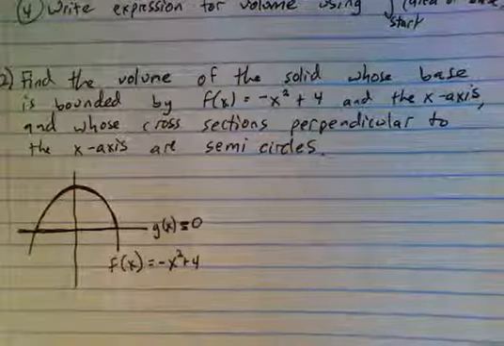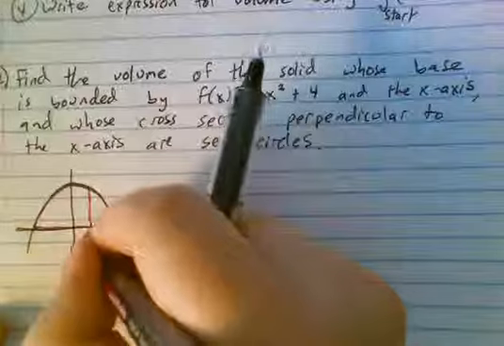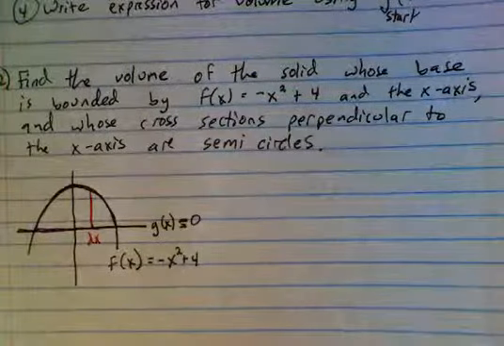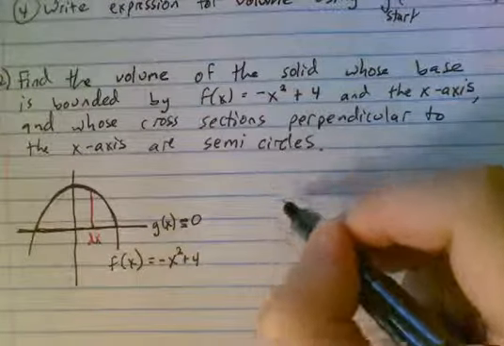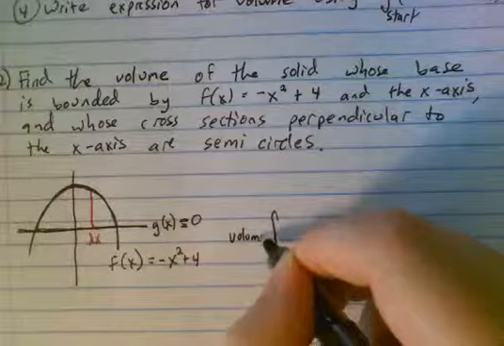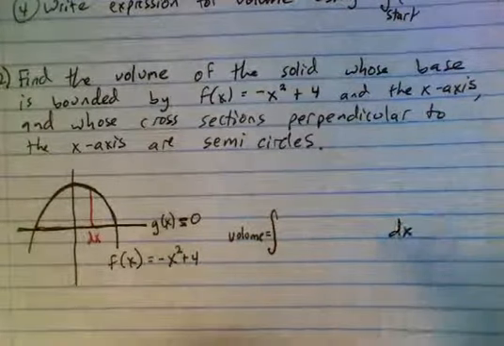I'm told the cross sections are perpendicular to the x-axis, so I'm going to draw my line here like this. This is a dx, just like we used before. So I'm going to set this up. It's going to be volume, but it's going to be a dx.